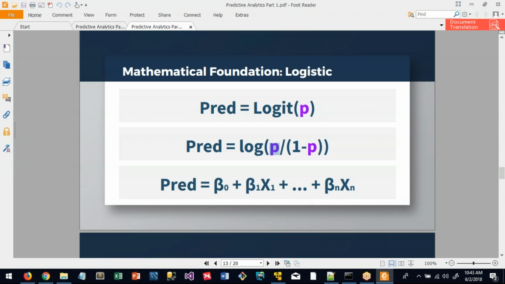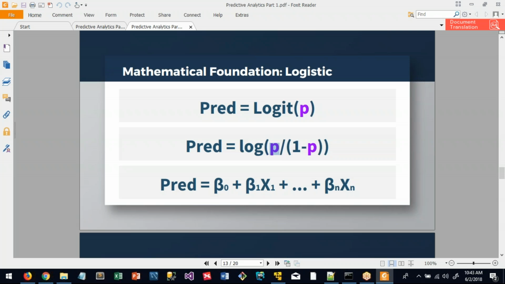So you choose one of all the possibilities of the outcome variable, and you say this probability is the probability that the outcome will be of that specific kind. That is what logistic regression actually means here.